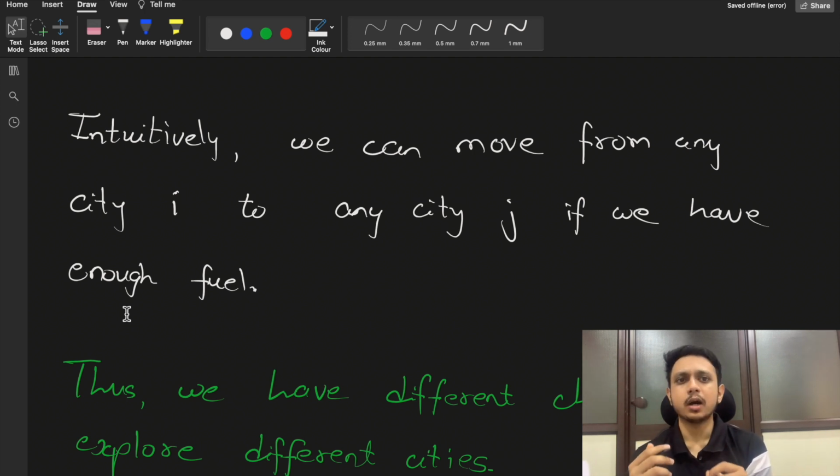So let's say you are currently at location 3, then you can move to all other cities or all other locations if you have enough fuel. So we have so many choices to take at each step, and whenever we have choices, we simply write a recursive solution. We don't think of anything else.